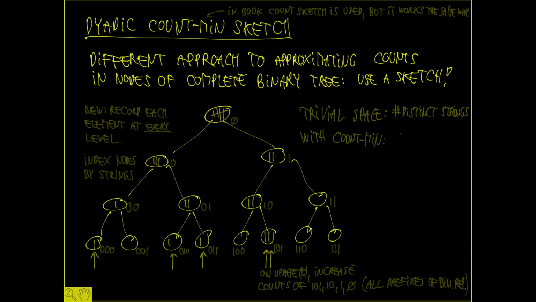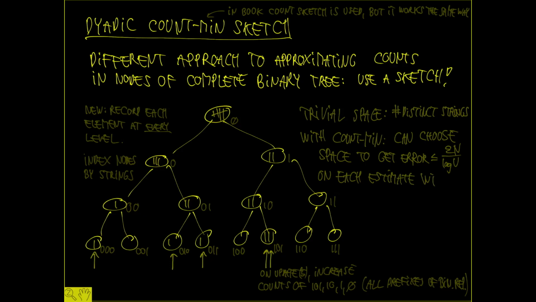But with count-min, we can basically decide the space ourselves, and we are going to get an approximation of the counts. We want to choose the space such that the error is at most epsilon n over log u, and each estimate should hold with probability 1 minus delta over log u as well.